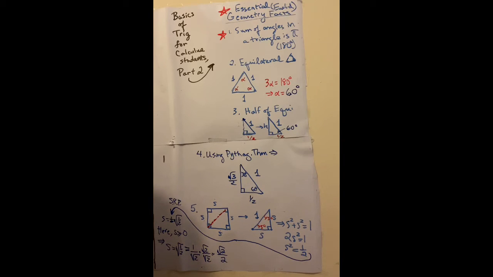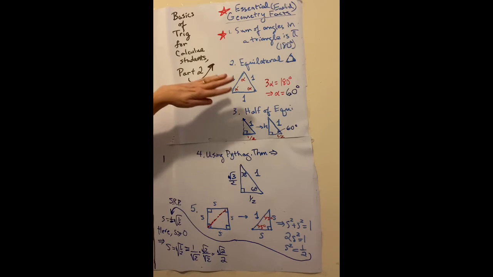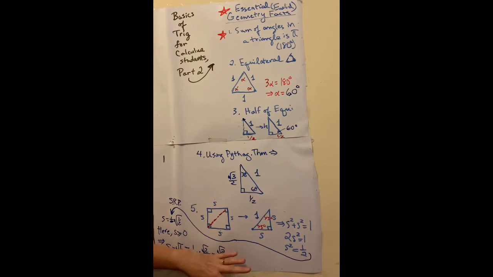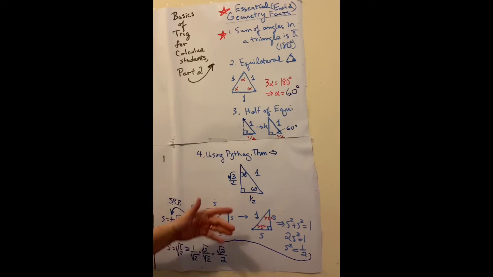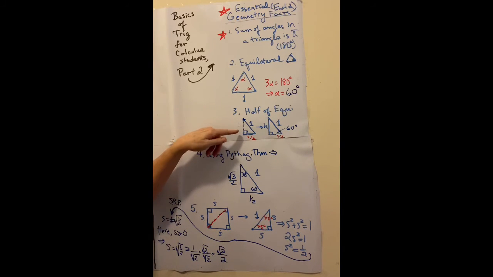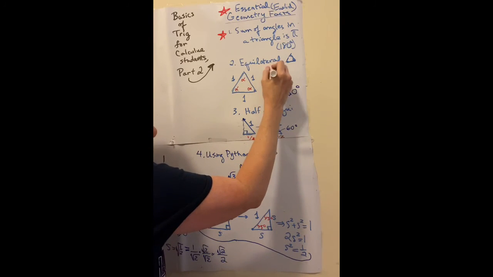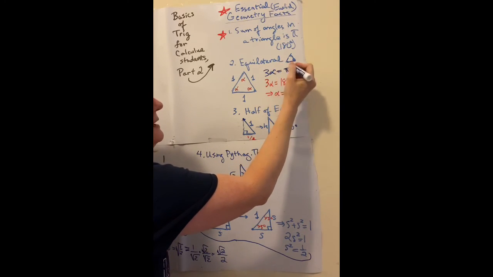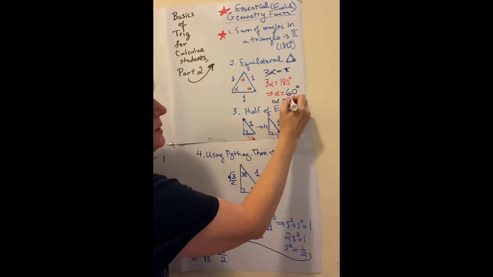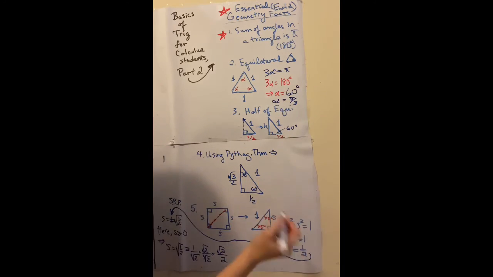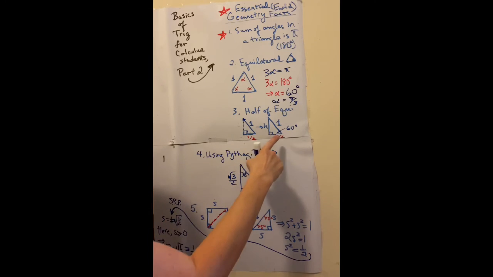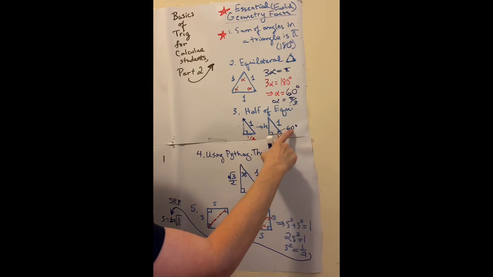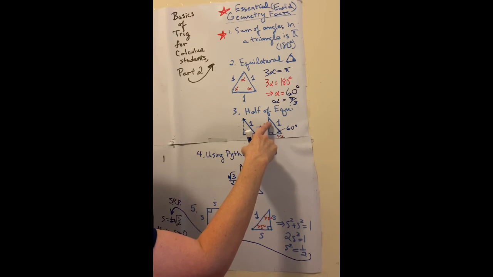All right, so using those facts about those special angles, 30, 60, 90, 45, what was 60 degrees in radians? If 3 alpha was equal to pi, then alpha would be equal to pi over 3. So if a 60-degree angle is pi over 3, what's half of that?